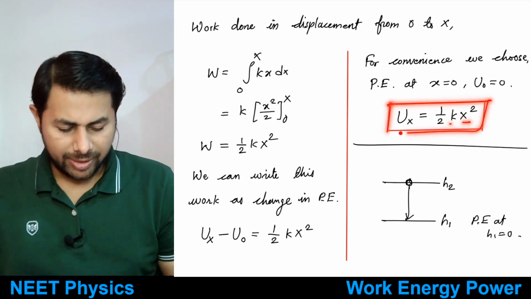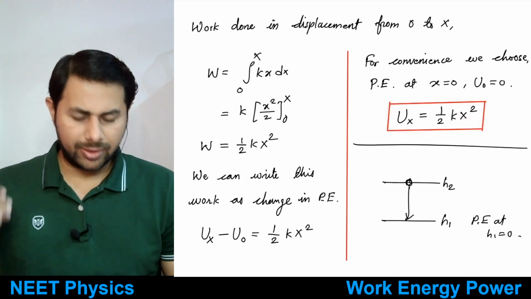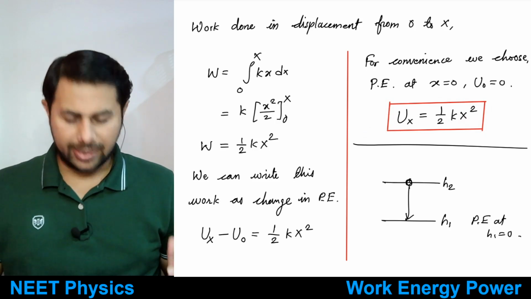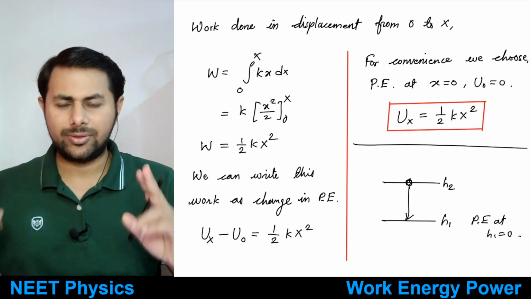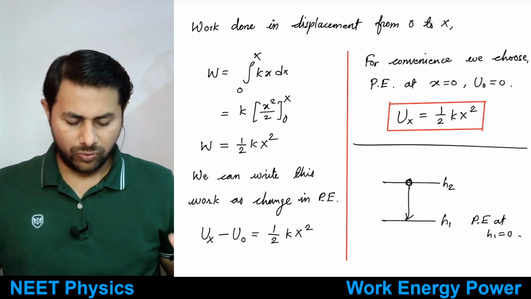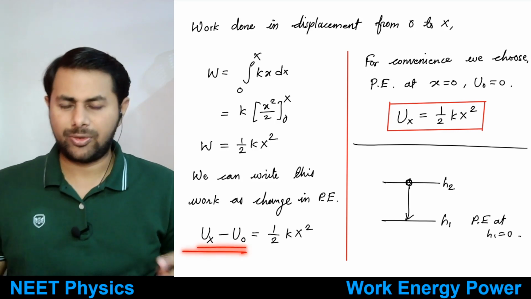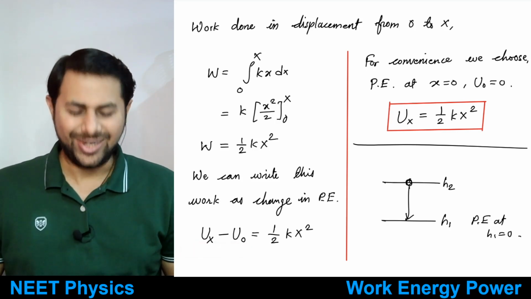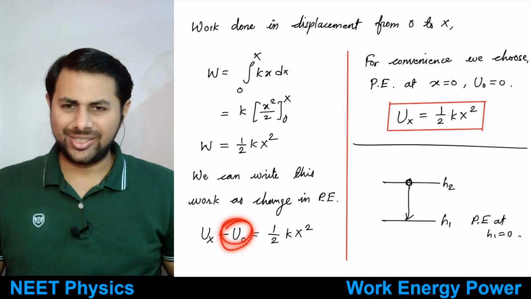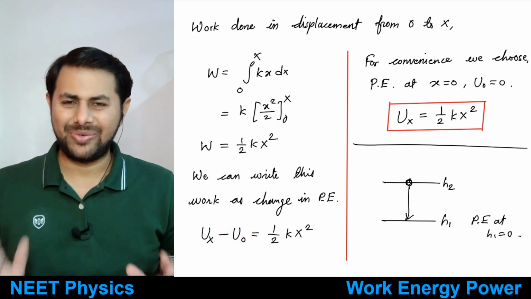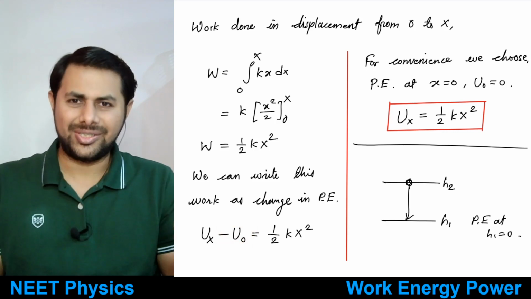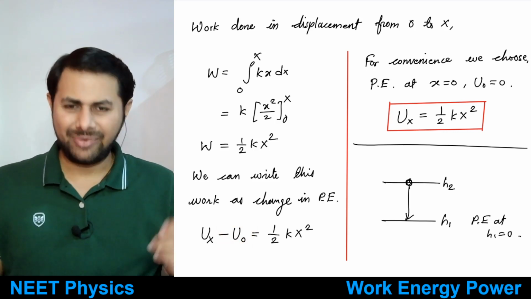We need to remember this formula, but we also need to remember that we cannot explicitly find the formula for potential energy. What we can find is only the difference in potential energy. The potential energy at x equal to 0, meaning the unstretched spring, we need to define.